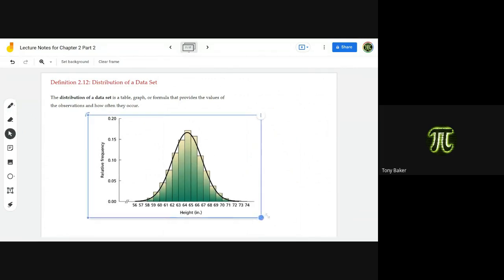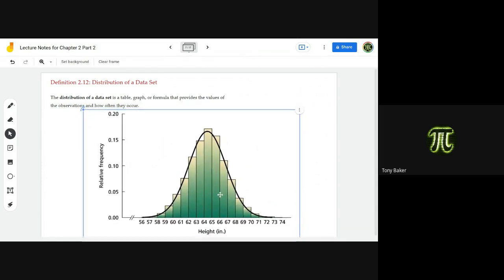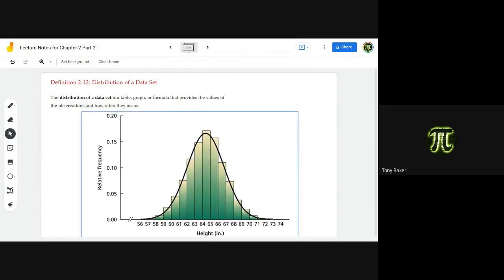Who can tell me what this is? This is a bell curve.